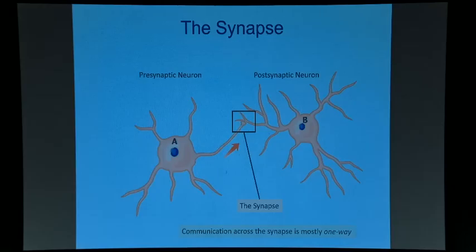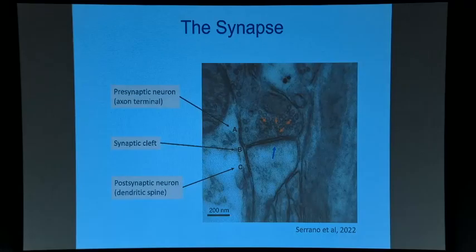Okay, so this is a real synapse, pictured using an electron microscope, which is a type of microscope that can produce very high resolution images, including of cellular structure. What you're looking at here is at the top, we have the end of the axon, which is also sometimes called the axon terminal of the presynaptic neuron.